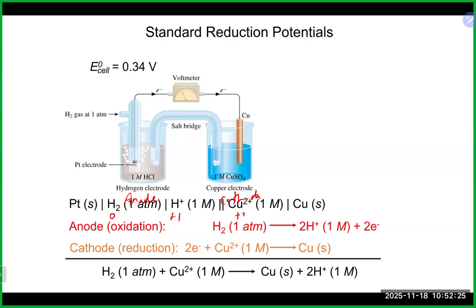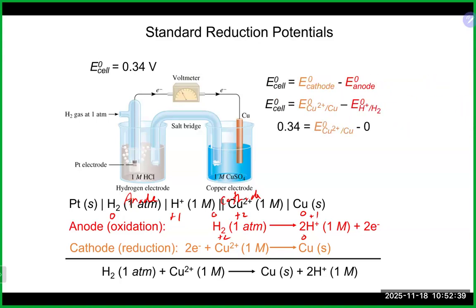And the copper is going from +2 to 0, which is being reduced. So that's what you see here, +2 to 0, and obviously 0 to +1. Again, by hooking it up and doing the calculation using that formula, they will find out that the SRP value for copper 2 is 0.34.